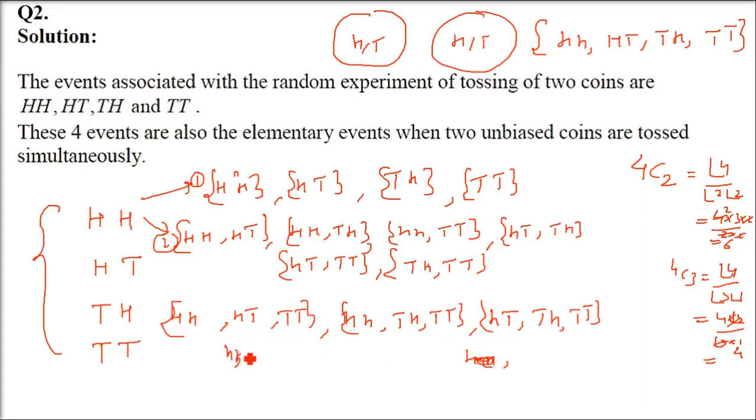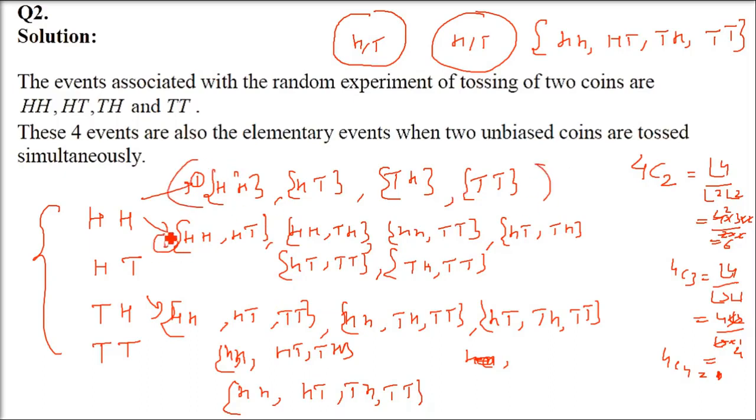So now we have done 1 at a time, 2 at a time and 3 at a time. Now 4 at a time, so there will be only one possibility. 4C4 is 1 only. So 4 taking 4 at a time: HH, HT, TH and TT.